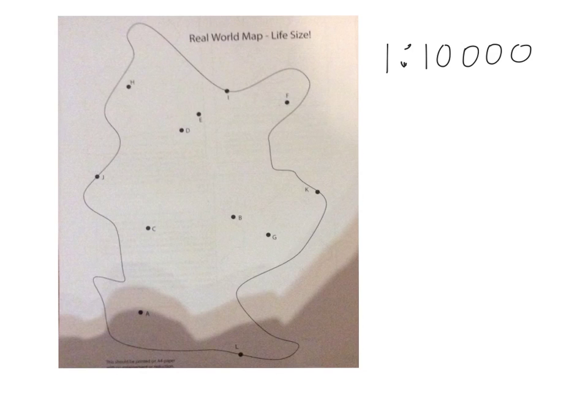What this says is that one of any unit equals 10,000 of the same units in real life. So if that's 1 centimeter on the map, it will be 10,000 centimeters in real life. If it is millimeters, then the other one will also be millimeters.